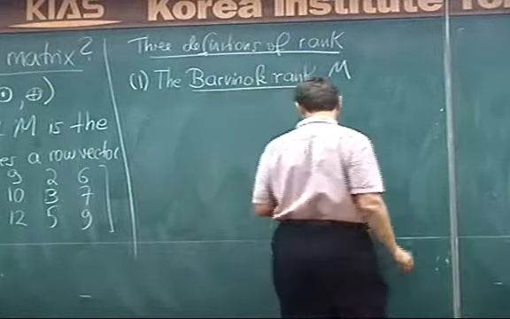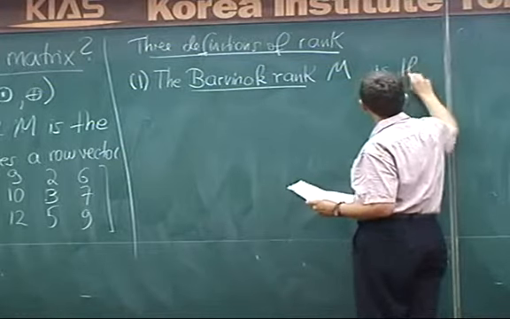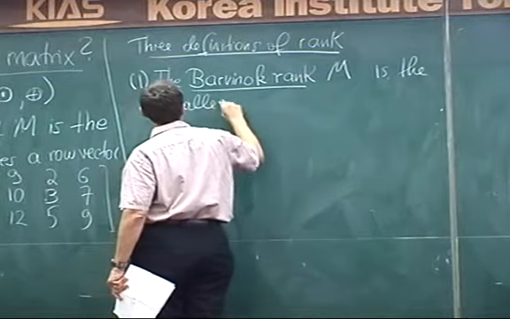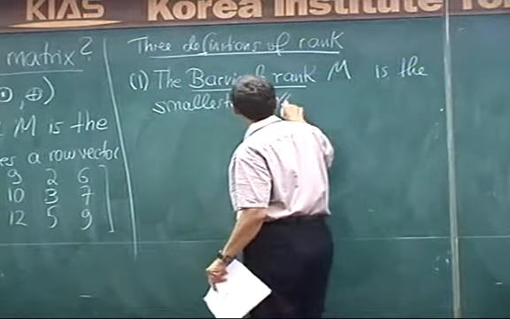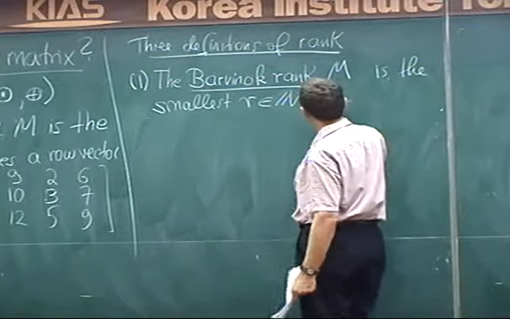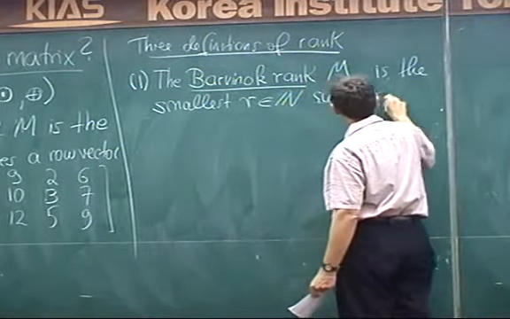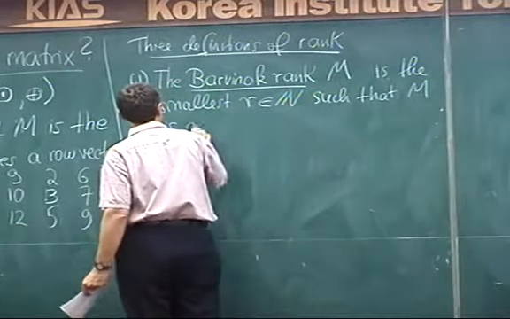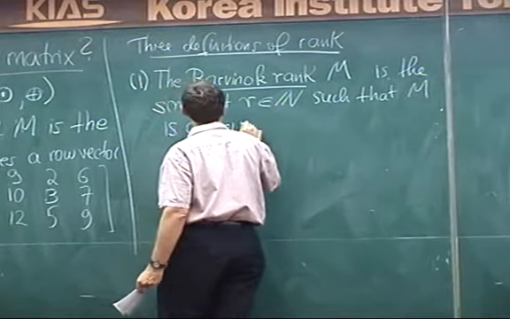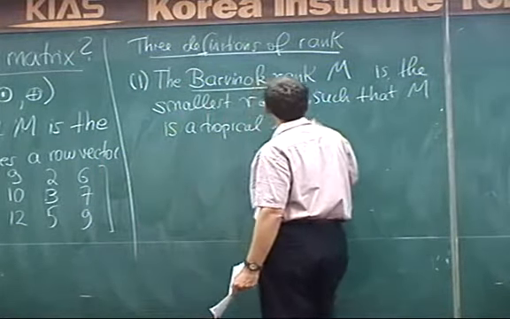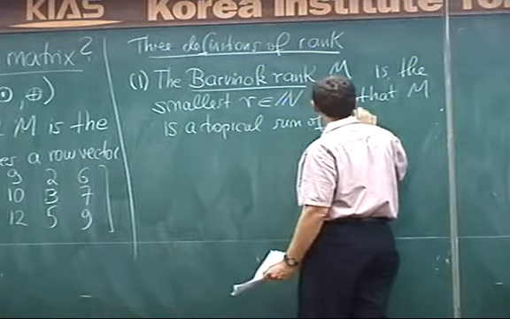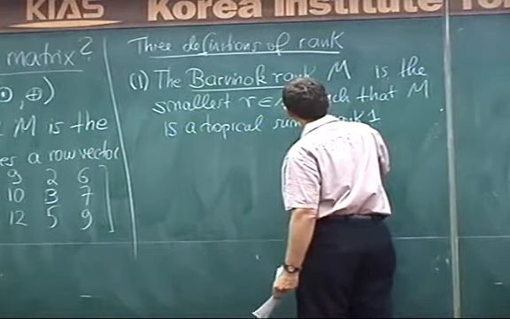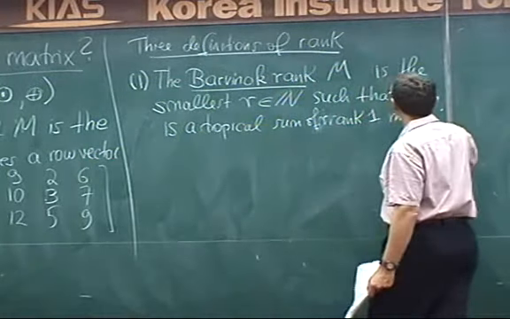The Barvinok rank of M is the smallest positive integer r such that M can be written as a tropical sum of r rank 1 matrices.